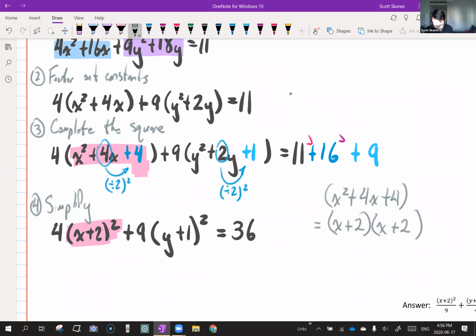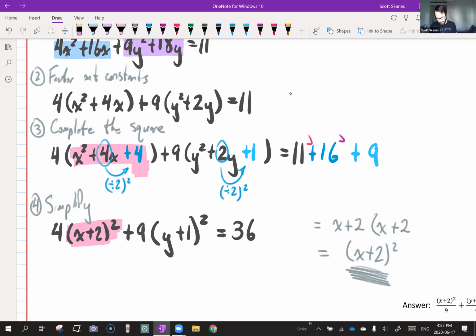So if you simplify that, you end up with x plus 2 all squared, because there's 2 of them. And yes, Zara, we will divide by 36 now. So this x plus 2 all squared is why we can go directly to this. The pattern is you can just take the middle number, divide it by 2, and it'll always give you this answer. So you don't need to do all that work, you can skip the steps.